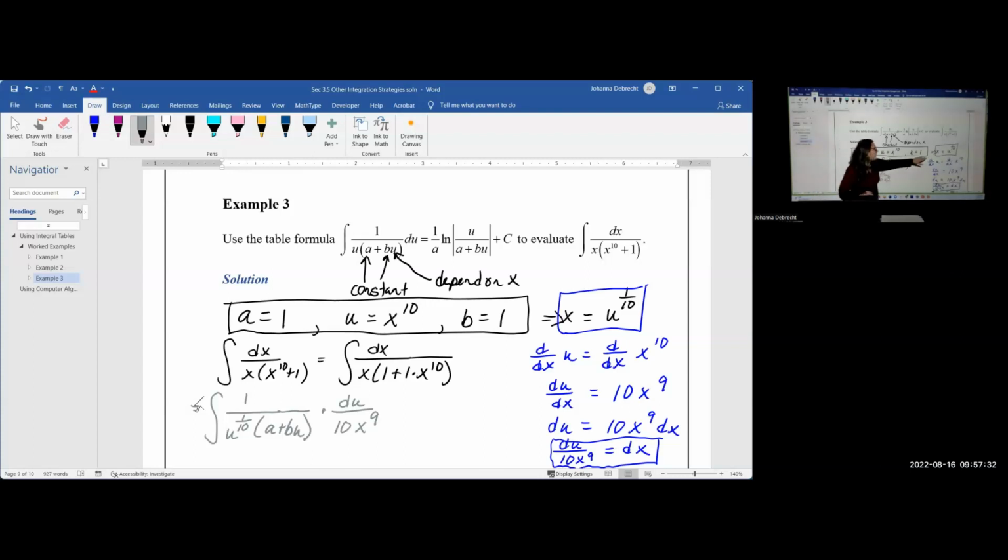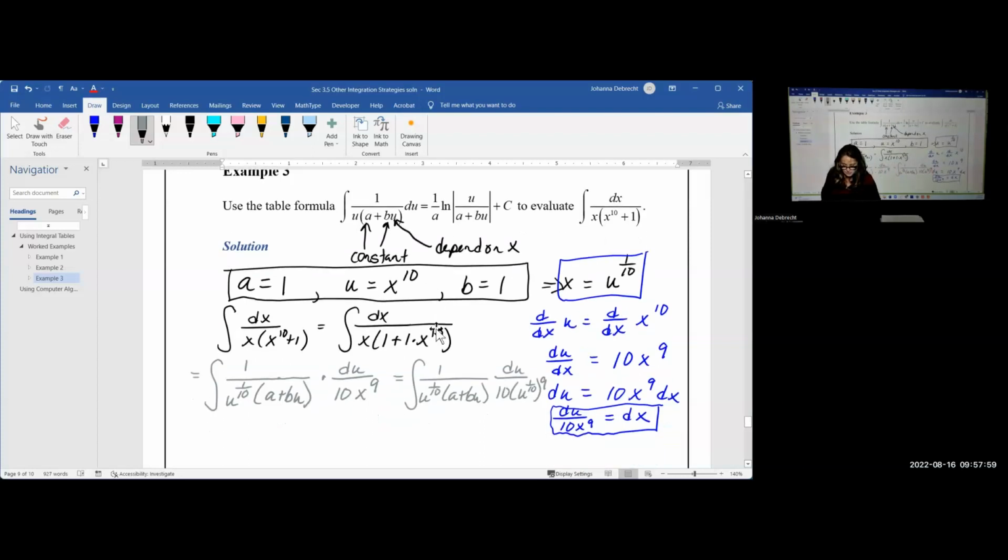But I know that x is u to the 1/10. So I'm going to make another substitution here. So I have the integral 1 over u to the 1/10 times a plus bu, du over 10 times u to the 1/10 to the 9th. All right, I'm running out of room a little bit. Let me scroll up.